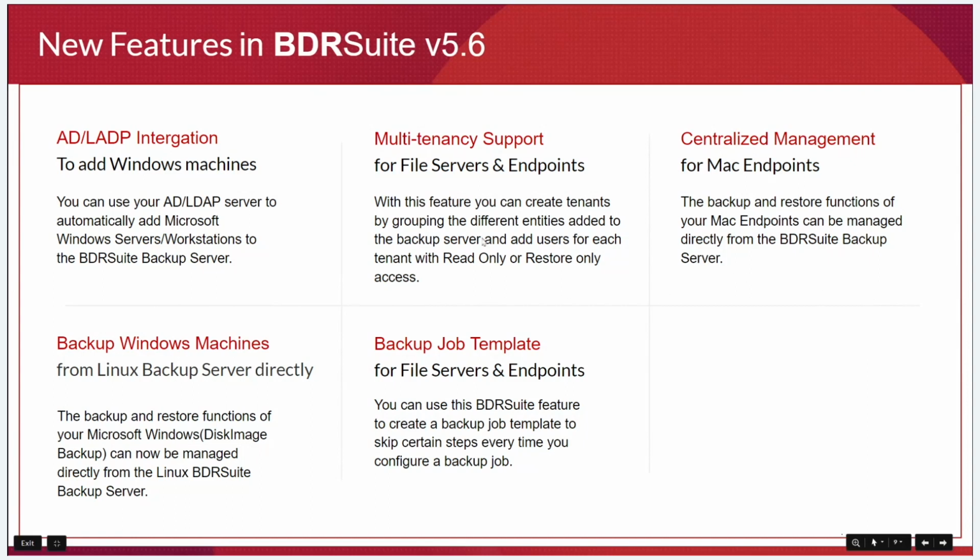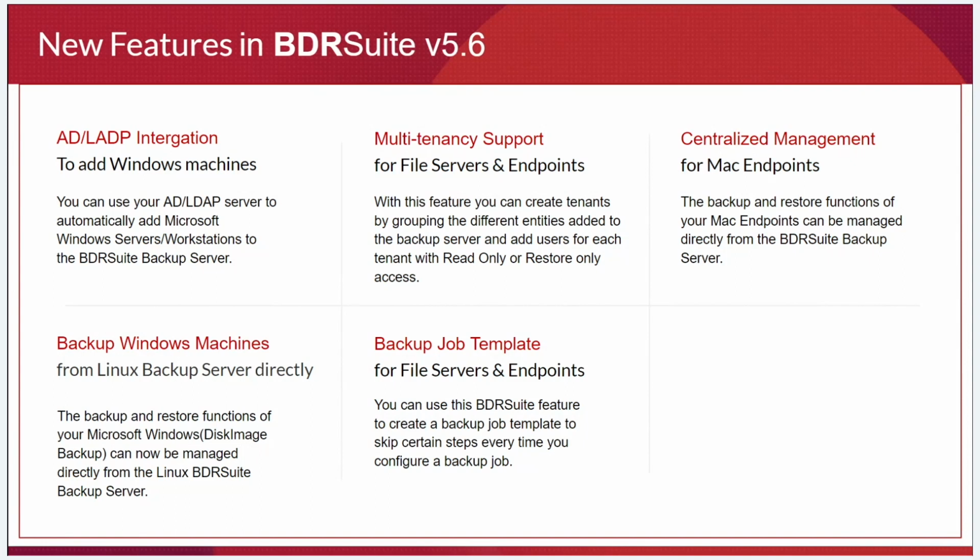And the third is the multi-tenancy support for file servers and endpoints. Multi-tenancy is more like a feature where you can create tenants by grouping different entities, and you can add them to the backup server so that users get an option to either read or only restore what they have configured for the backup. So that is what the multi-tenancy is.